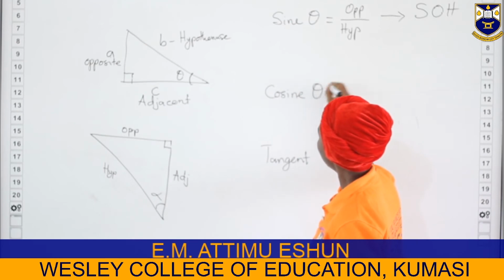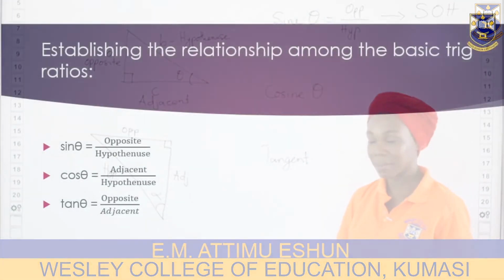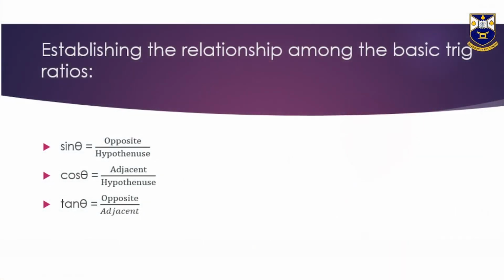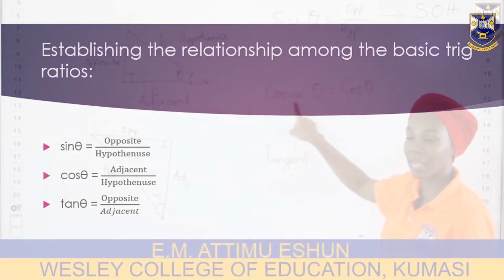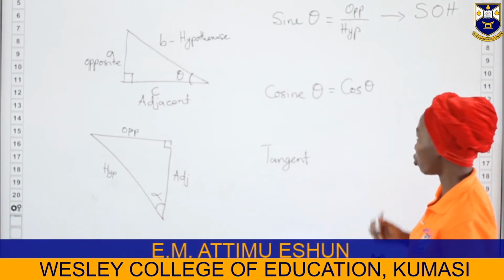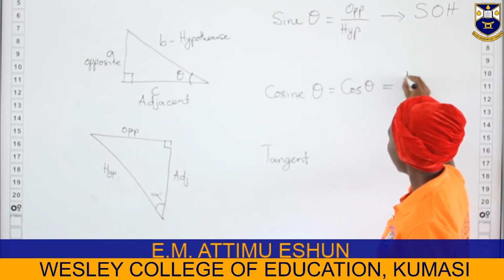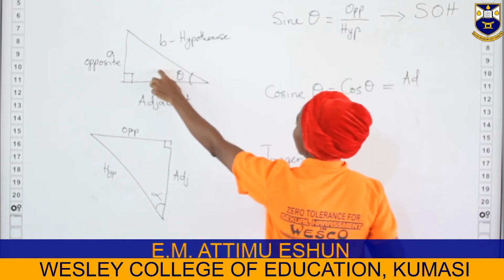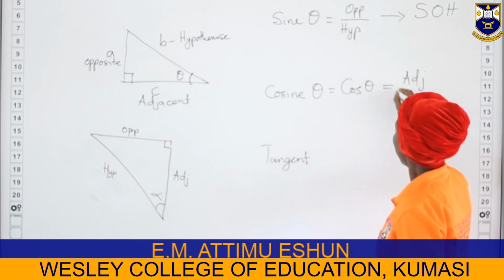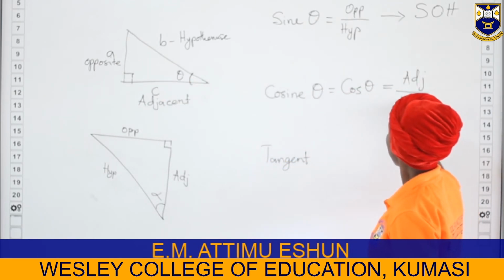If we come to cosine, usually we will write cos of the angle, so we'll call it cos theta. The short form for cosine is cos. And so that ratio would give us the adjacent side divided by the hypotenuse side.